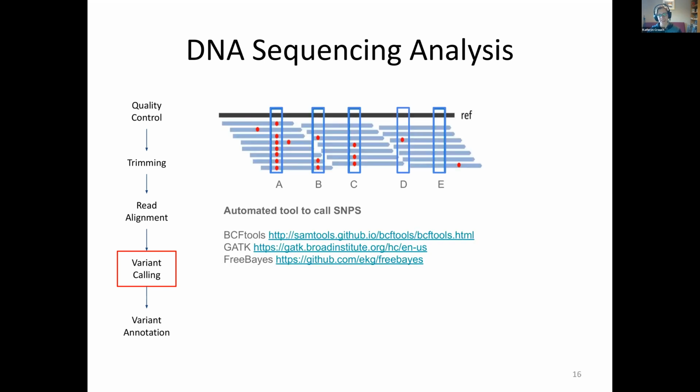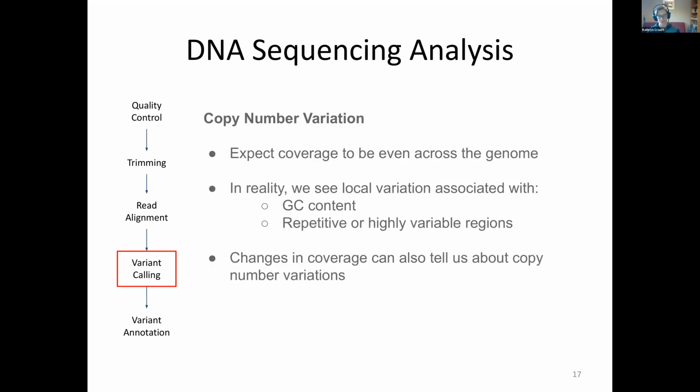So as well as looking at SNPs, the other thing you can get from whole genome sequencing is information about copy number variation. We can get that by exploring the coverage. So when you do whole genome sequencing, the expectation is that the coverage should be even across the genome.